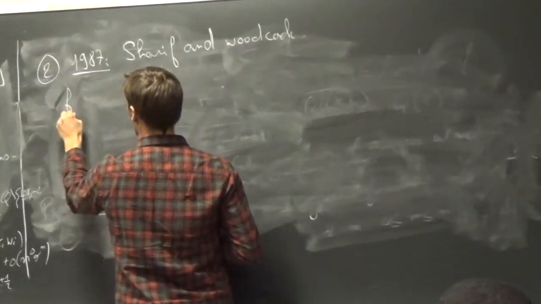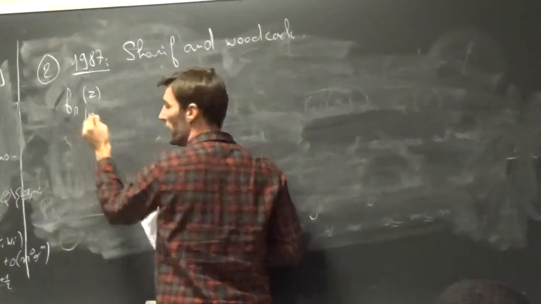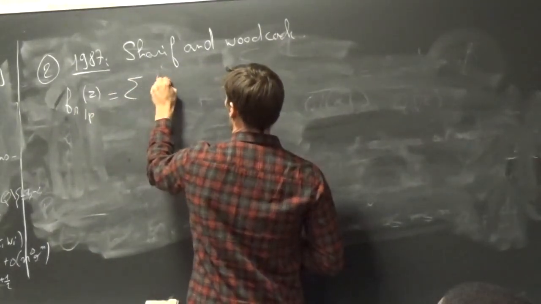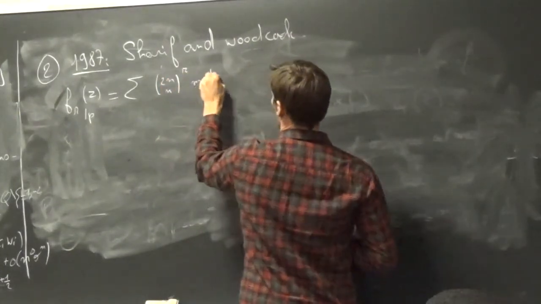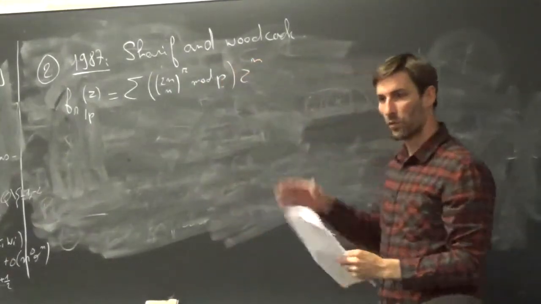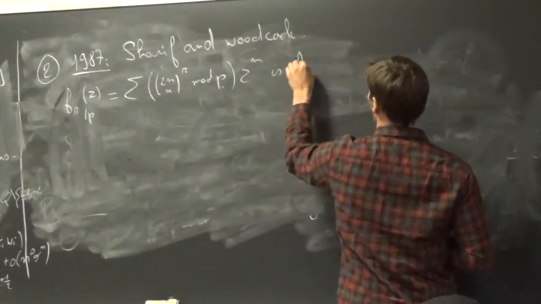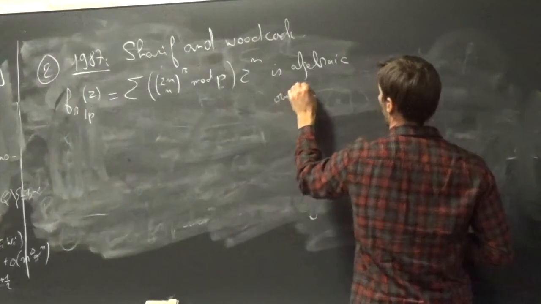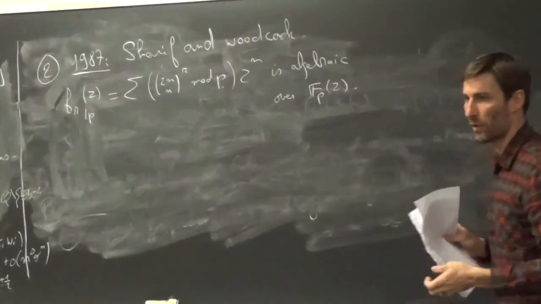If you consider F_R mod p, which means the sum of the binomial coefficients to the R mod p, where p is a prime number, so you reduce the series coefficient by coefficient, then this is algebraic over F_p(z).